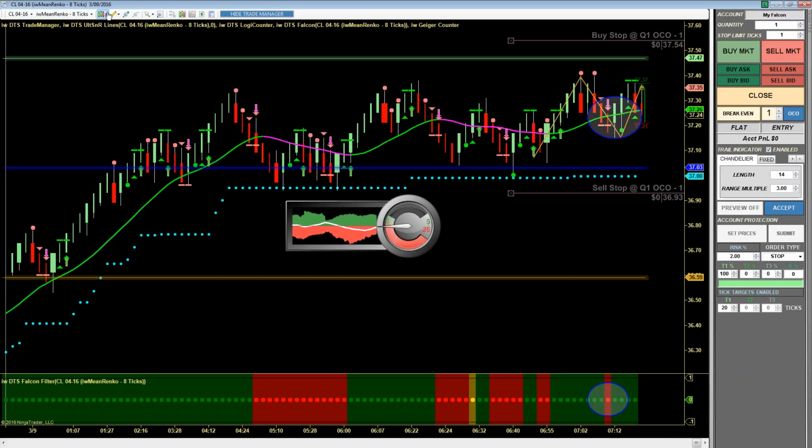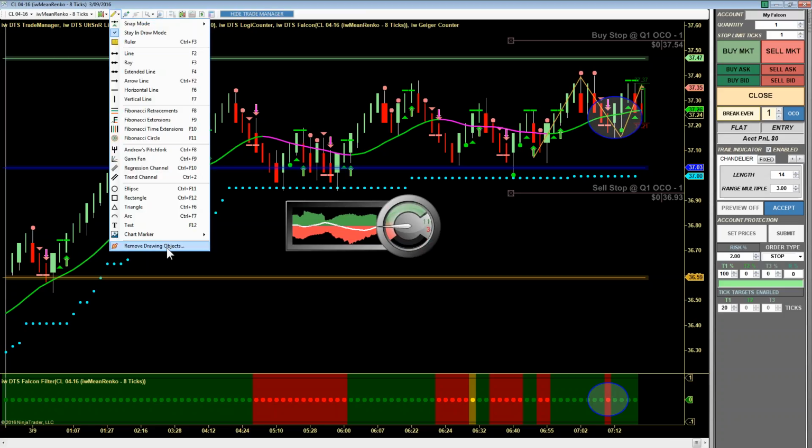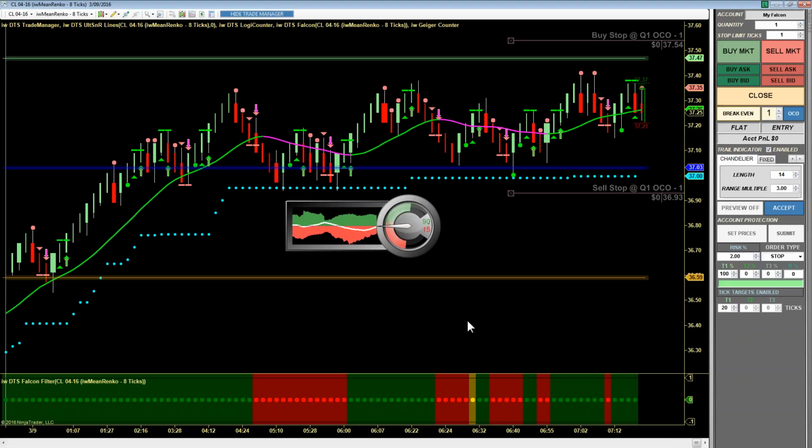Very important. So a few factors here suggesting maybe crude oil is going to make a little move higher. Maybe, kind of, sort of.